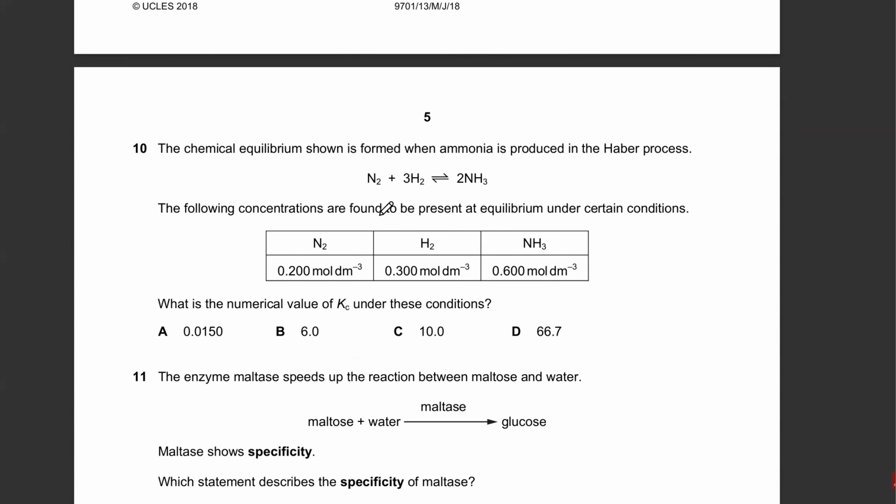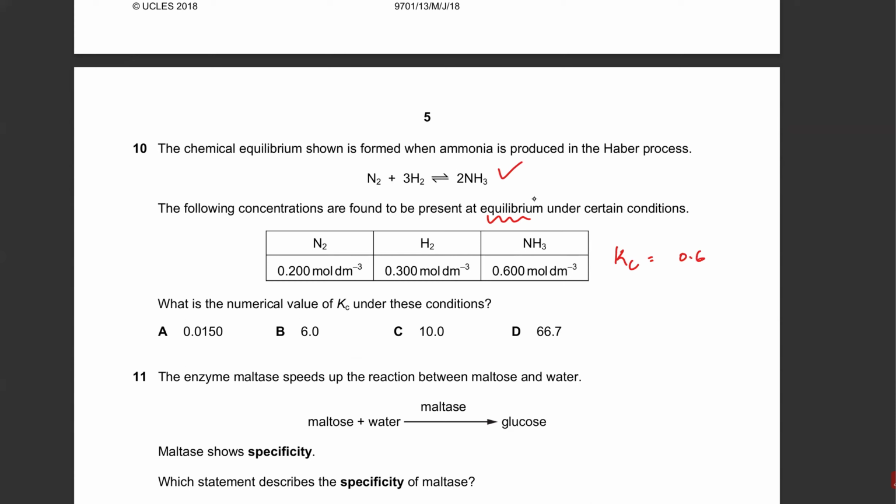Again, you've got the following concentration. So you're already given the equilibrium concentrations. So you just have to find the value of Kc. So Kc is what? Product concentration divided by reactant concentration.